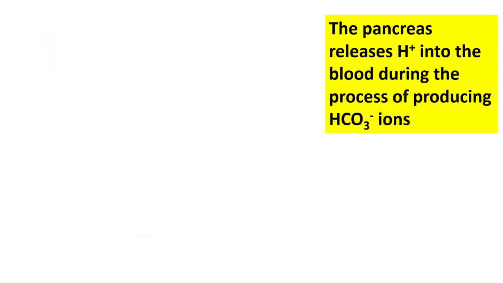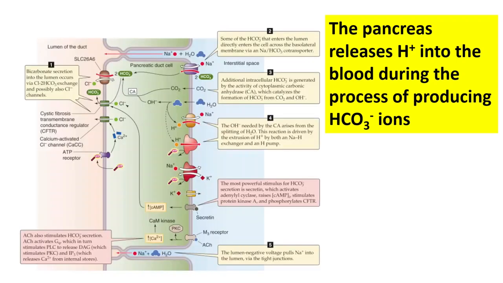What about the pancreas? Well, the pancreas, we know, produces bicarbonate ions, and in the process of doing that, it releases hydrogen ions into the blood. Now this is sort of a back to front thing of what we've just seen in the stomach. So I'll bring up this diagram that you all should be very familiar with, this wonderful diagram from Boron and Boulpaep.